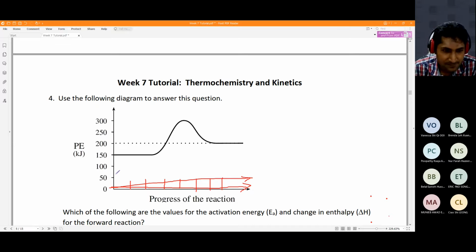So my question is that this is the progress of the reaction, right? What do we understand by this progress of the reaction? How can I quantify it? The analogy I was giving is that next week is your presentation for the project.